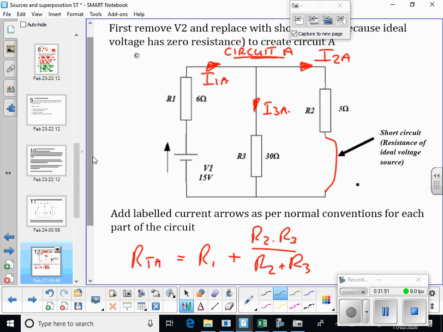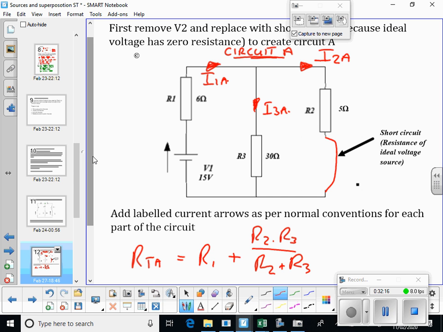If you're struggling with this, look at current flow. All the current has to go through R1. It must be a series resistor to that source. But then it splits and goes some through R3 and some through R2. So that resistor is in series with those two in parallel.